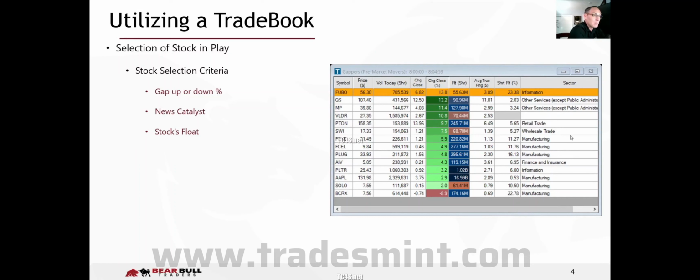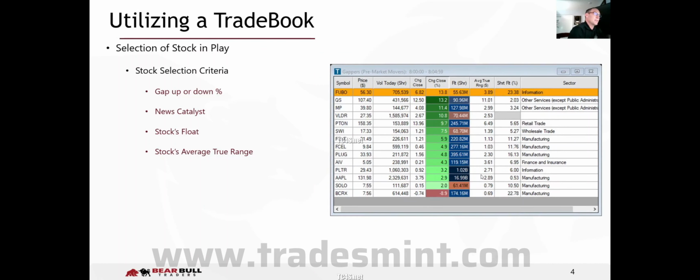Next is our average true range. This basically evaluates how much a stock is moving within a day from the high to low. There's an in-depth calculation behind it, but pretty much it's over the past, I believe, 14 to 17 day average.